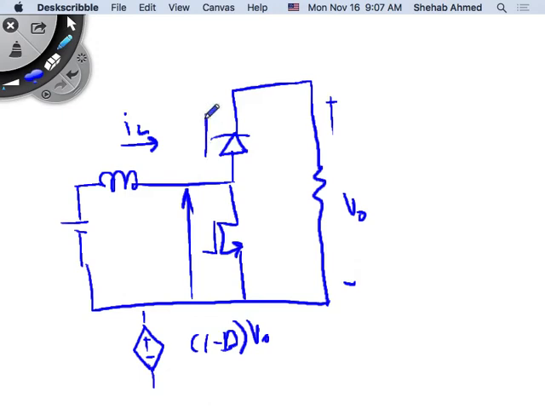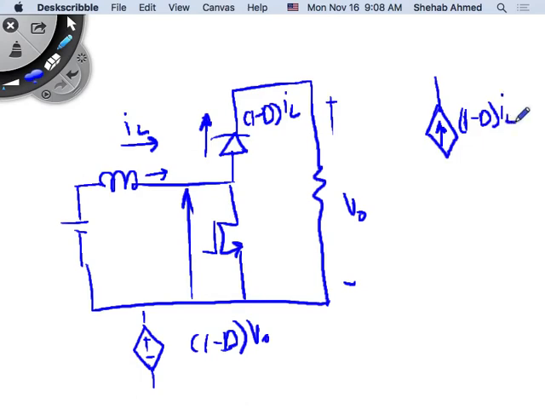And for the current source, what is my diode current? This is my inductor current IL. So when do you see current in the diode? When the switch is on or when the switch is off? When the switch is off. When is the switch off? For the 1 minus d period. So 1 minus d times IL is the diode current, right? So if I draw it this way, I draw this as a dependent current source equal to 1 minus d times IL.